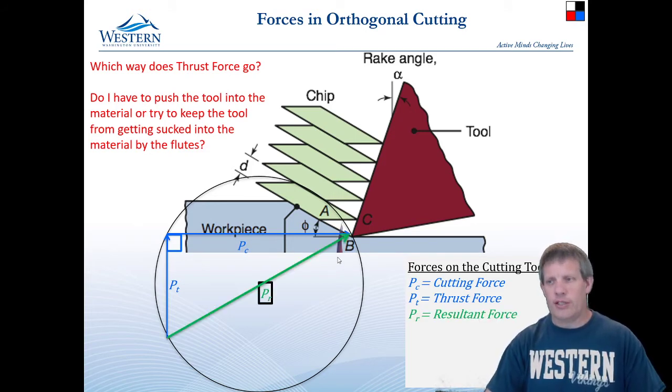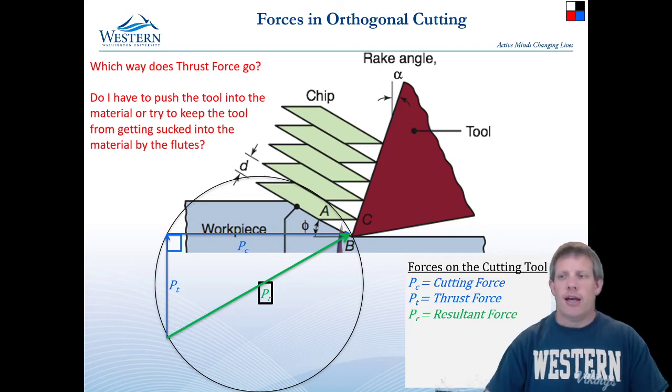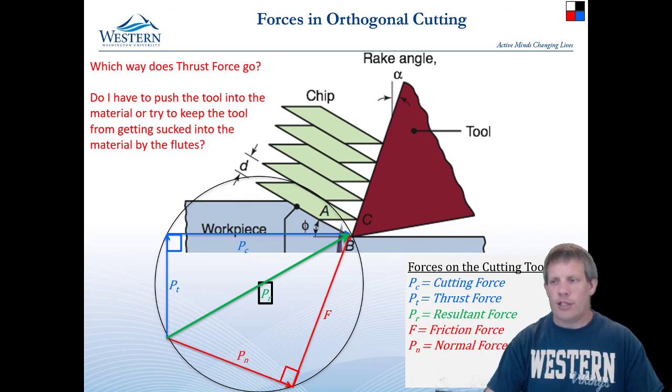Remember, we can also do it other ways. There is the resultant force right there, and so that is the force that is actually on it, and we can make up lots of different couplets of orthogonal vector pairs that have this resultant. And so we often use cutting and thrust forces.